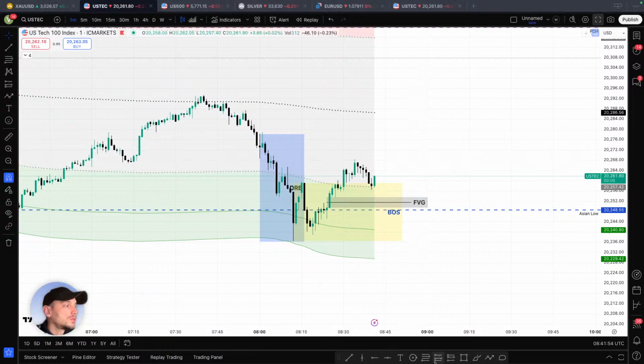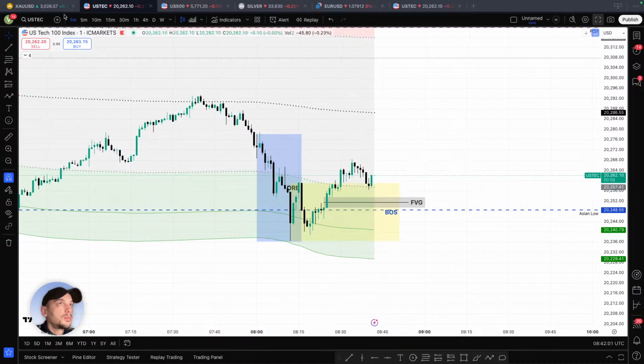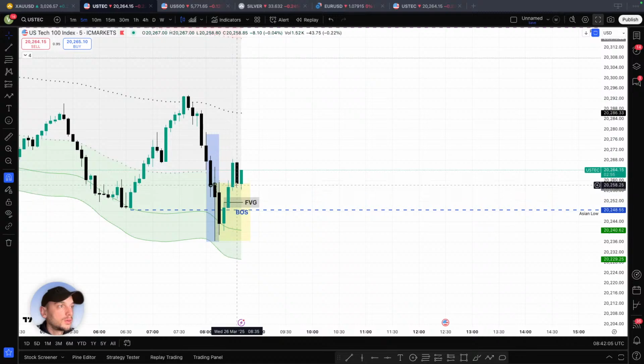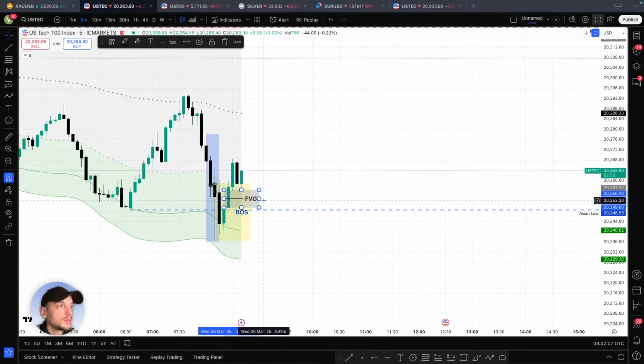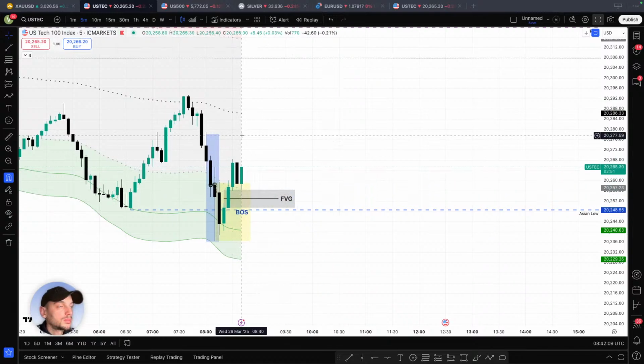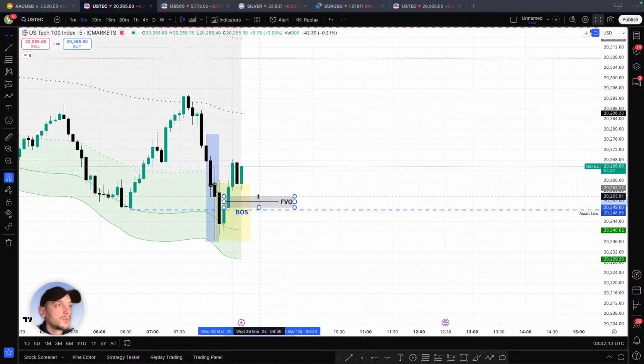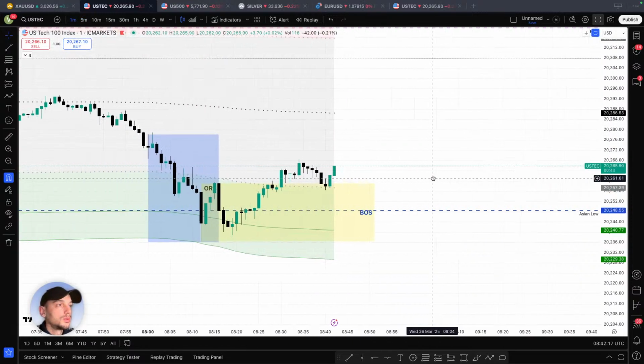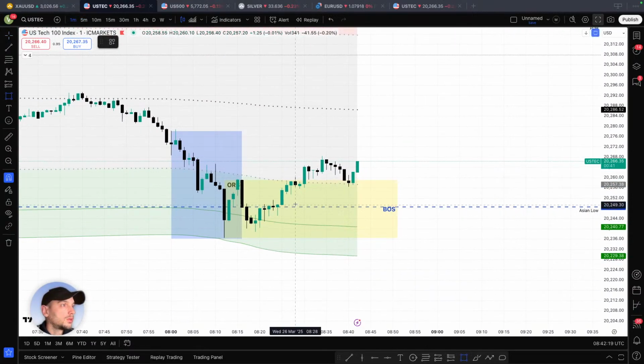This might be a good entry as well that we just missed because it just tapped the break of structure. And as well, if we look at 5 minutes, we can see there is a fair value gap here. It looks like this, and it just tapped this fair value gap, which combined with the breaker block.